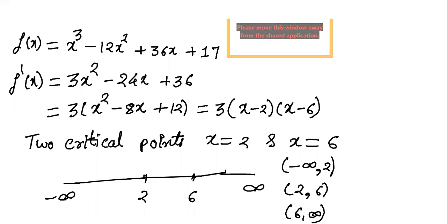Okay. So minus infinite to 2. Let us say x equal to 1. So we will put f dash 1. So f dash 1 will be 3 into, this also negative, this also negative. So negative, negative, positive. So f dash x will be positive.